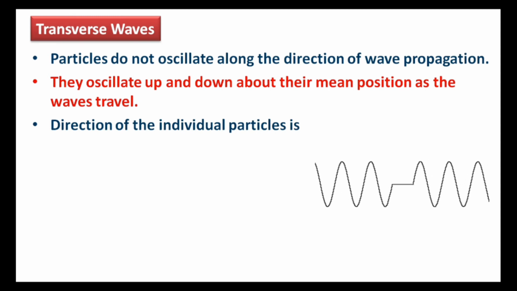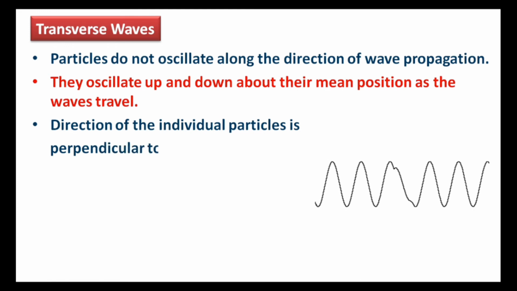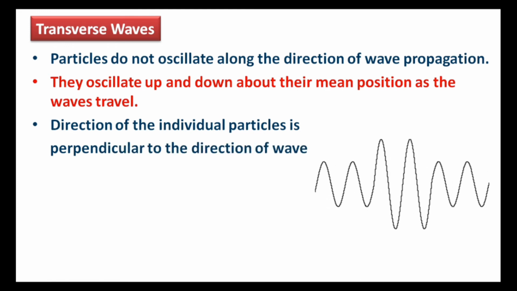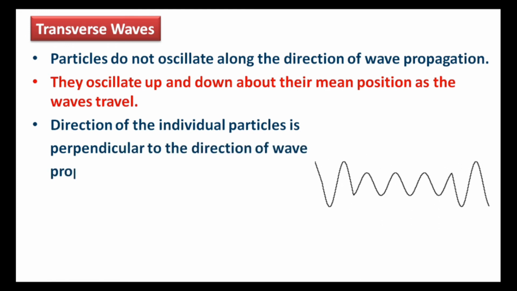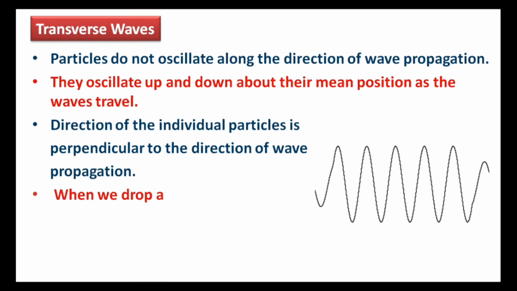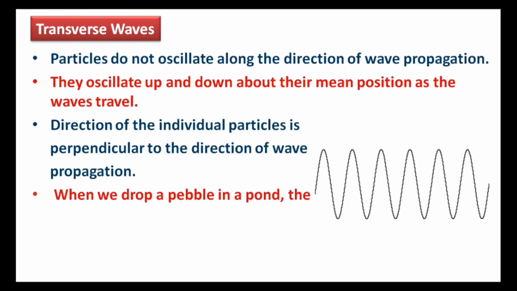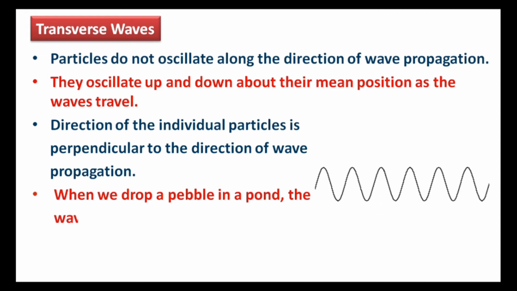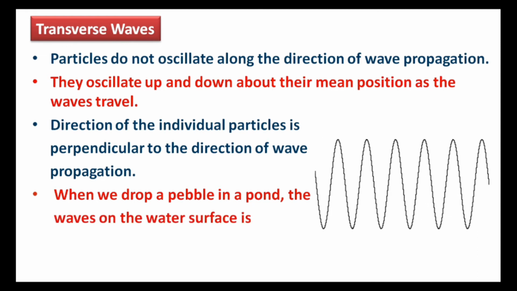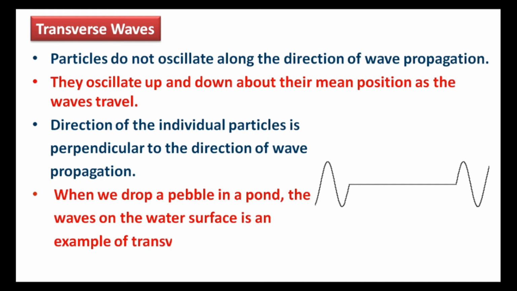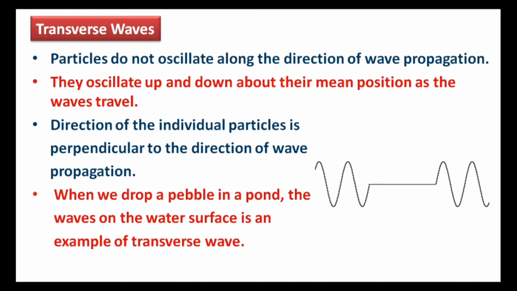The direction of the individual particles is perpendicular to the direction of wave propagation. When we drop a pebble in a pond, the waves on the water surface are an example of transverse waves.